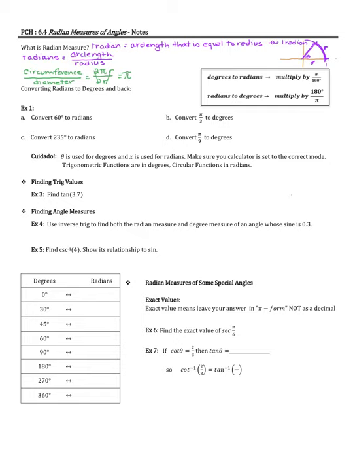So it's an actual ratio that exists in anything circular. Every circle then has 2 pi radians all the way around, and we're going to utilize that idea when we do our conversions from degrees to radians.